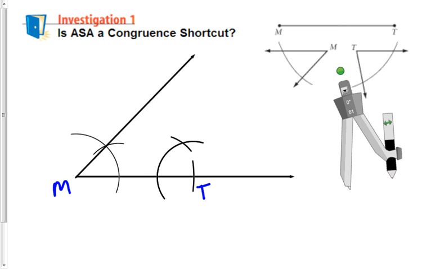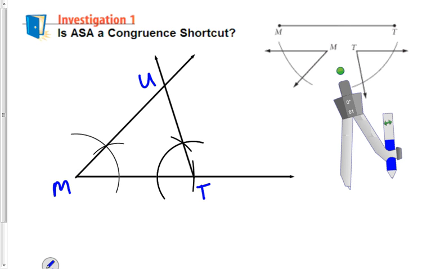So now I know the second ray of angle T will go right through those intersecting arcs. There we go. And they didn't name us a third point, so I guess I can name it what I want. How about, I don't know, U, triangle MTU.